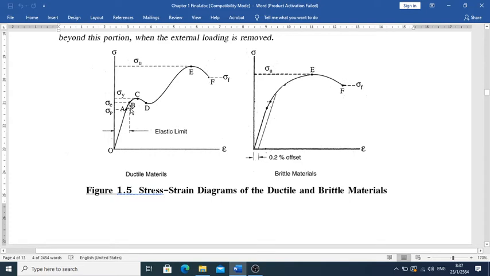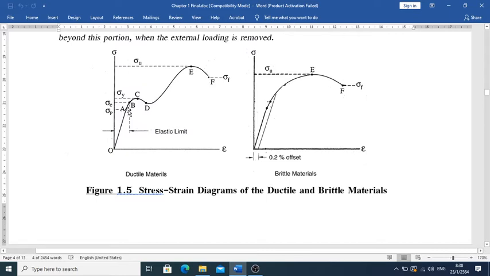So A to B is still under the elastic limit. It means if we just remove the force, everything is going to get back to the same shape that we had before. So it's under the elastic limit, and nothing is damaged yet.